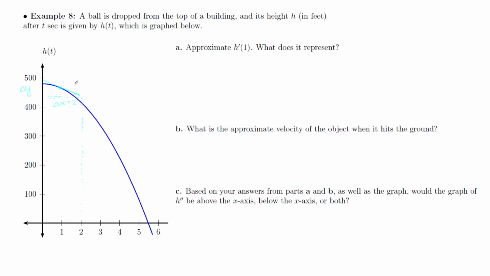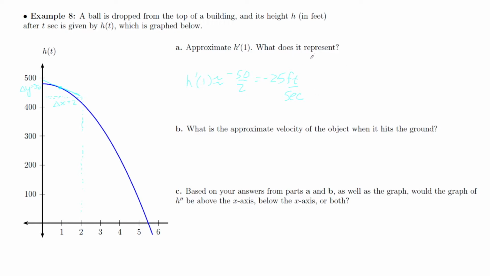We're dropping, so I'm going to call that negative 50. That's a ballpark. So h prime of 1 is approximately negative 50 over 2. Remember that negative is important, because it tells me not only how fast the ball is going, but in what direction. It's falling because of that negative symbol.